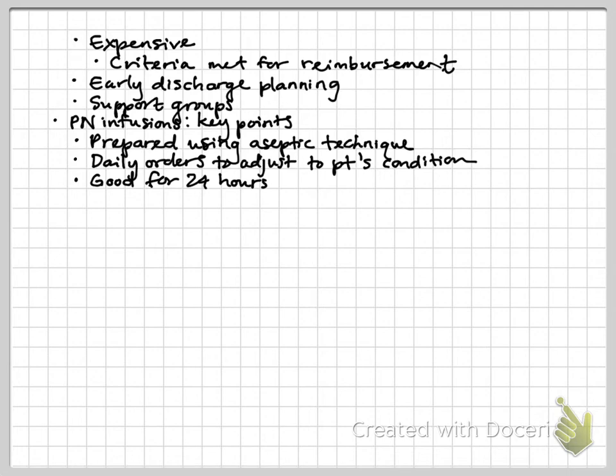It should not be taken out of the refrigerator for longer than 30 minutes before it's hung. So refrigerate up to 30 minutes before use. Specific filters and pumps are required.